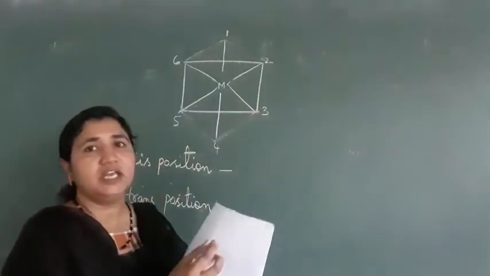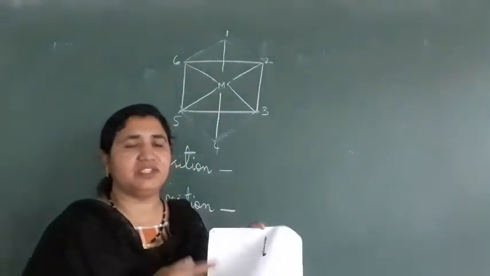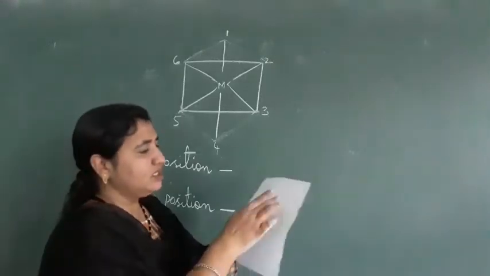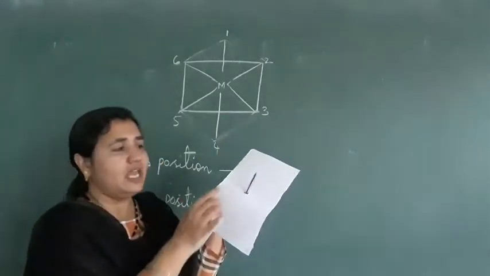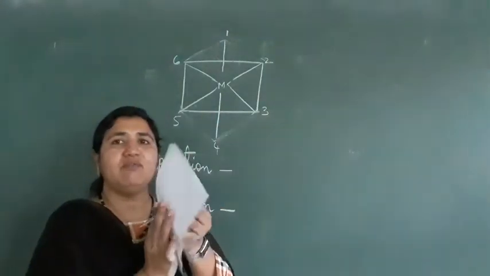Actually this is the square planar structure in 3D. I will try to show you here. This is our square planar, and above the plane one atom will be there and below the plane one atom will be there.